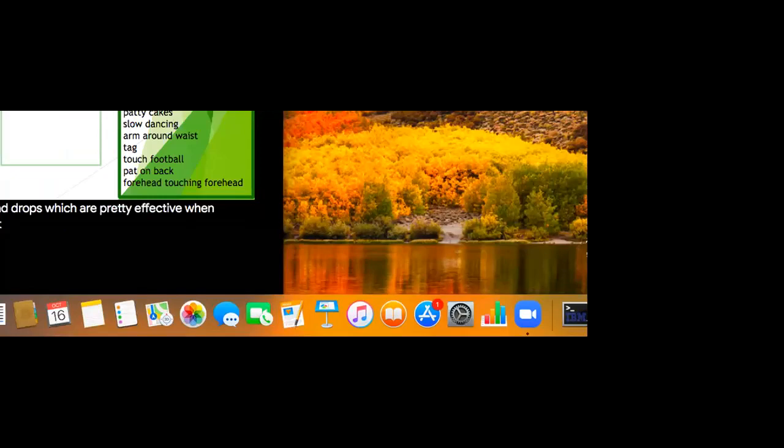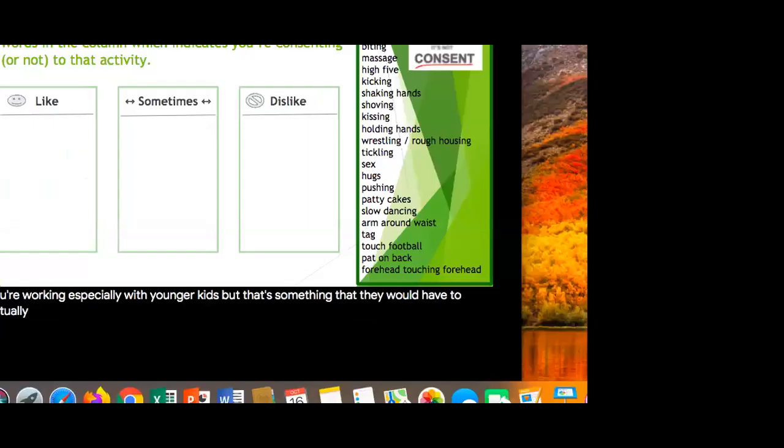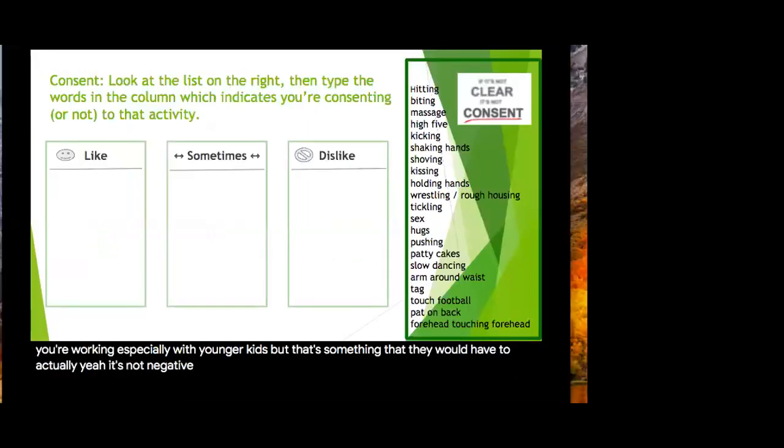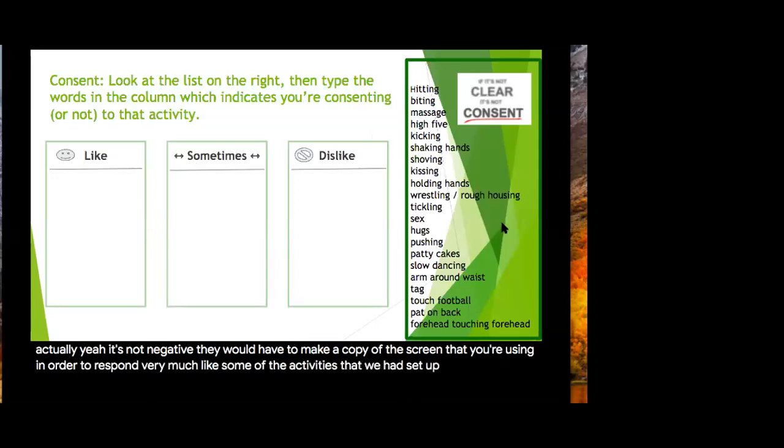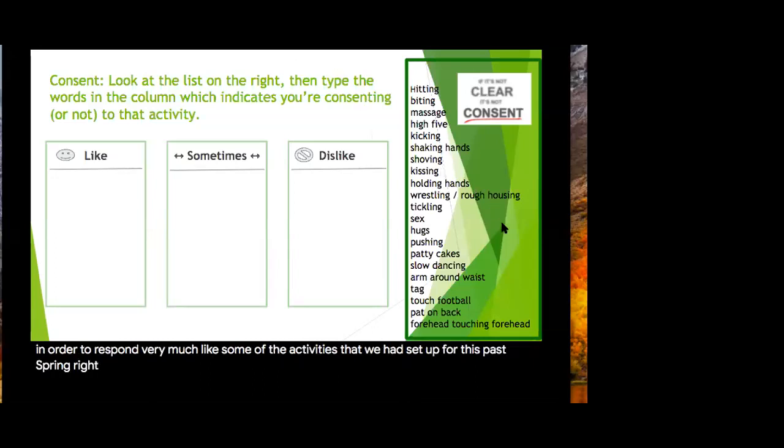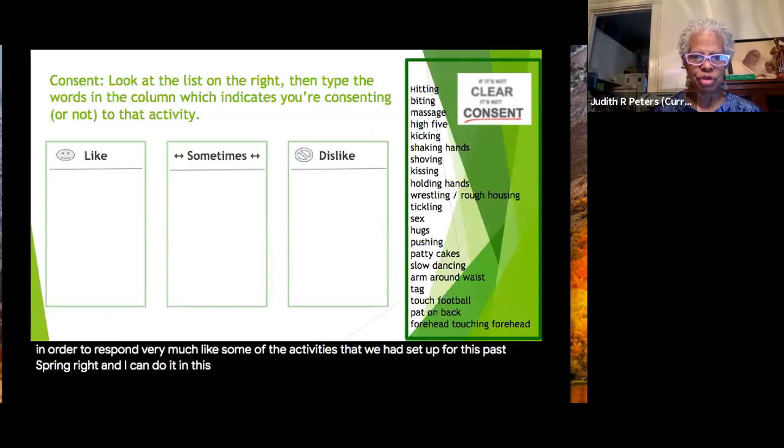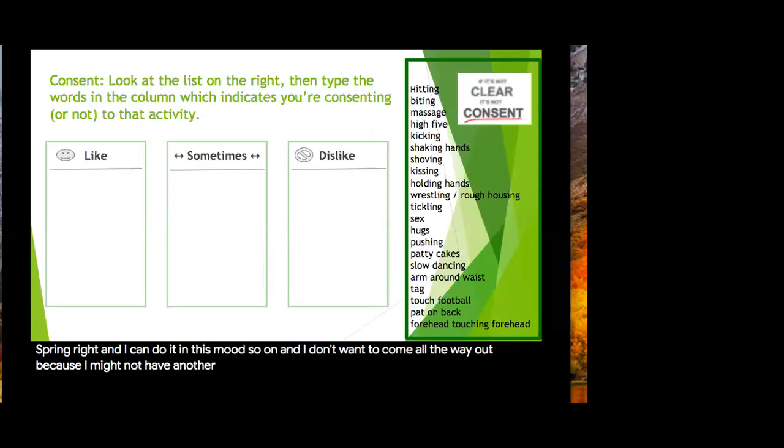They would have to make a copy of the screen that you're using in order to respond, very much like some of the activities that we had set up for this past spring. So another option, Judith, is to just add to it if you'd like.